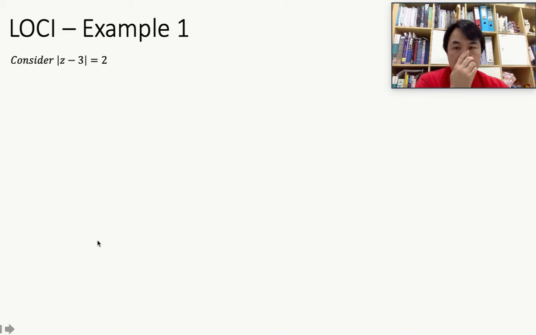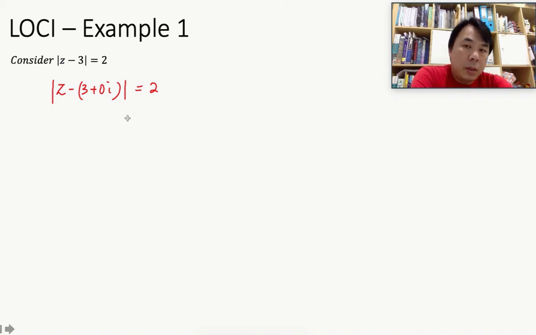Let's consider modulus of z minus 3 equal to 2 now. Before we can figure out what we are looking at, maybe it's best we rearrange this into a form that we are more familiar with. So we can actually write this as z minus the complex number 3 plus 0i. Now, that indirectly suggests that we are looking at another circle equation.